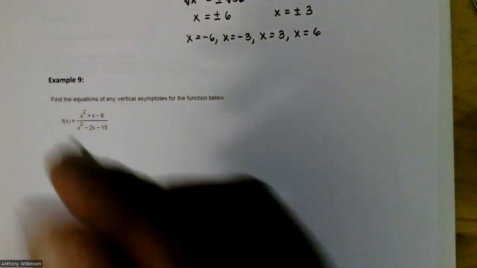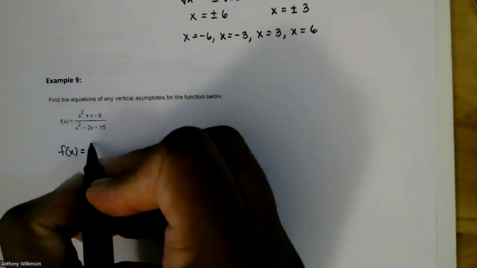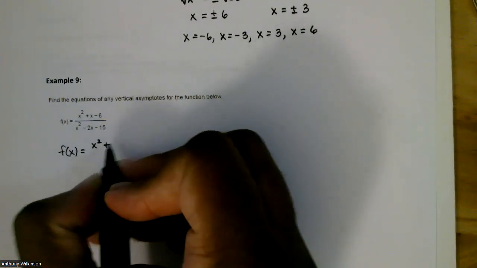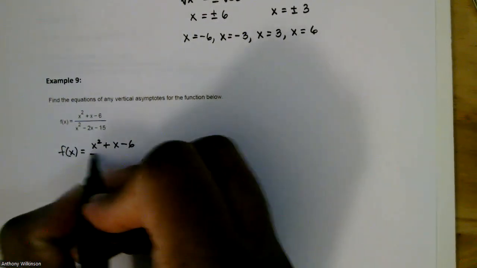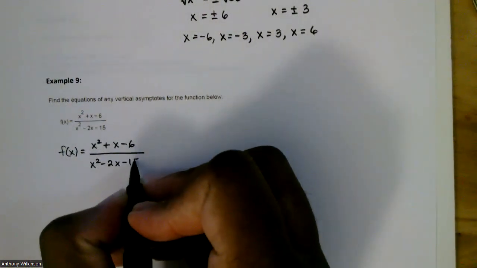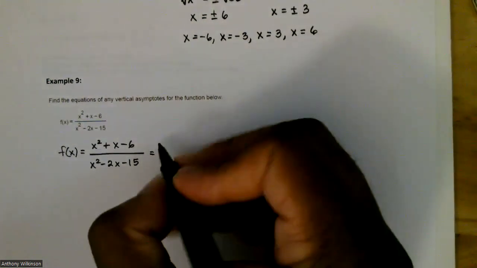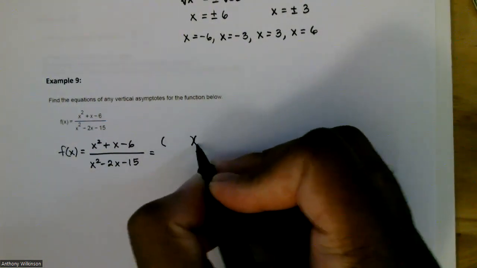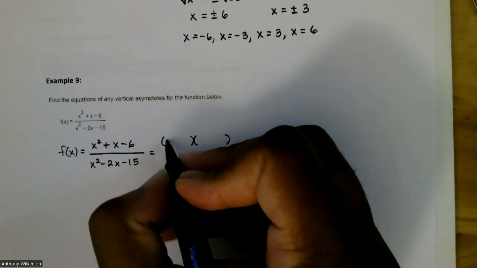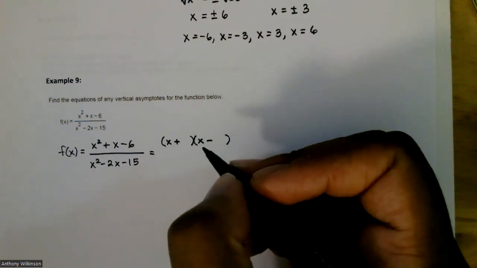But let's check this one. All right. If I factor x squared plus x minus 6 into 2 binomials, let's see, x here and an x here. One will have to be plus, the other one has to be minus.